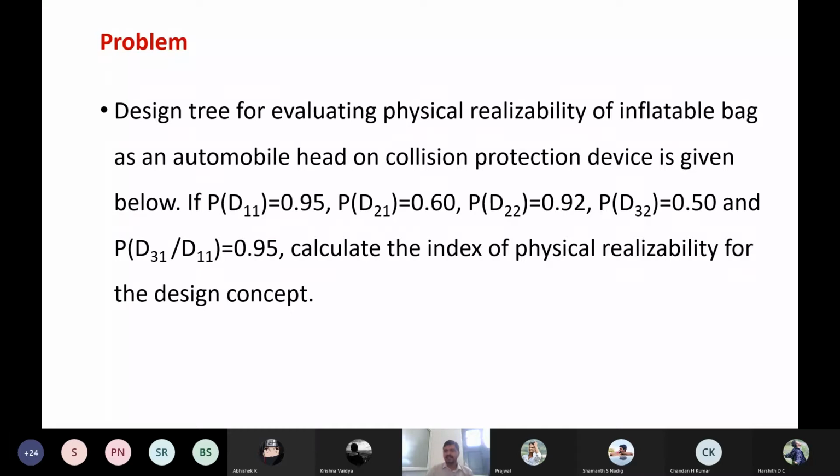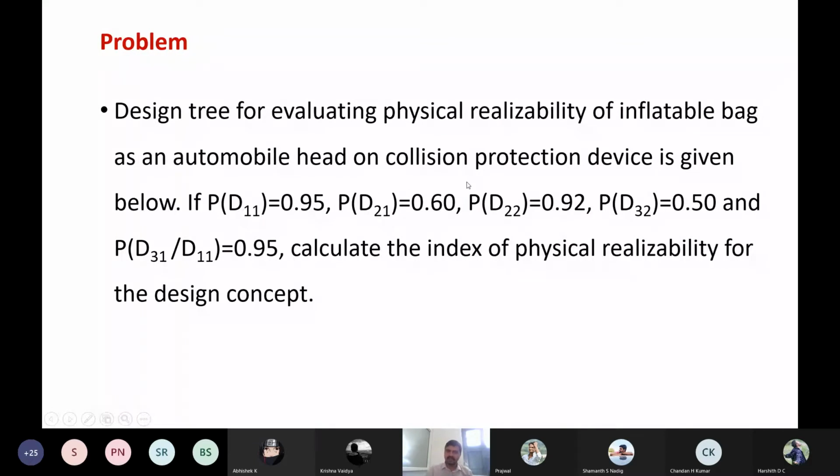There are different types of inflatable bags and different applications. But here in this problem, the inflatable bag is used as an automobile head-on collision protection. That means it is used for protection against accident or crash of an automobile. So it is the airbag used in a car. The product is an airbag used in a car.